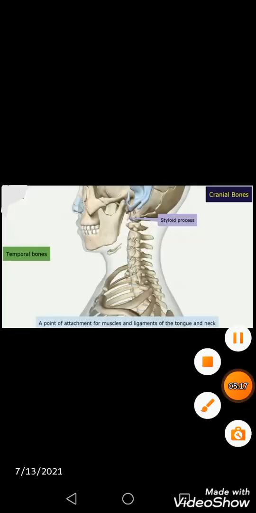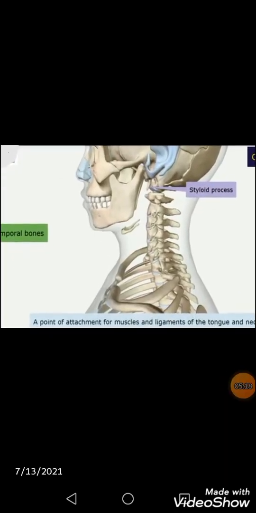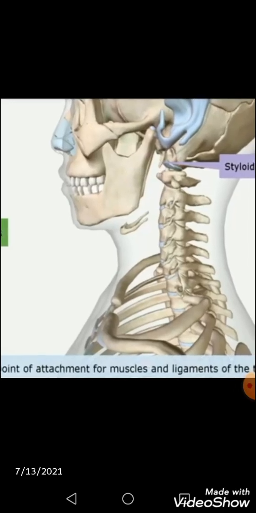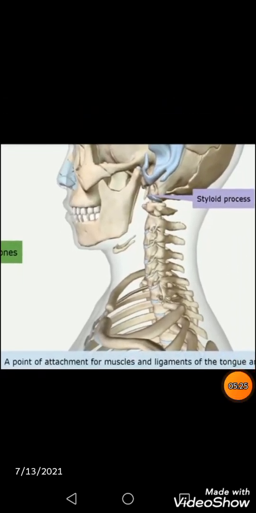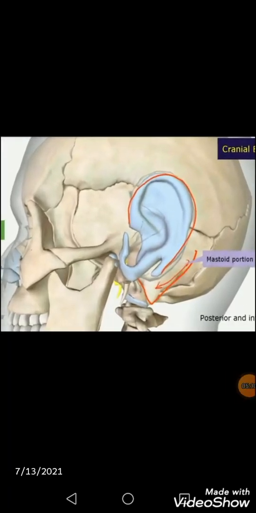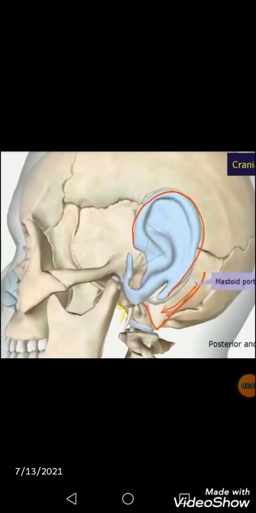Here in this view you can see the styloid process, which gives attachment to various ligaments and muscles. This view is showing the presence of the mastoid process, marked by the red line.